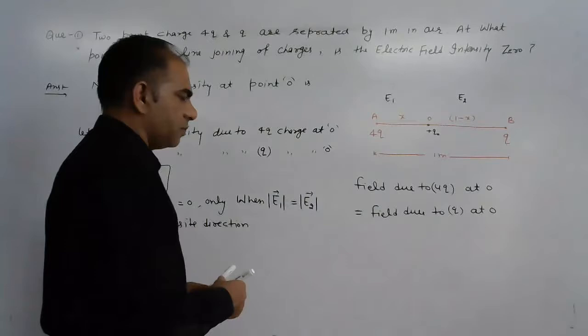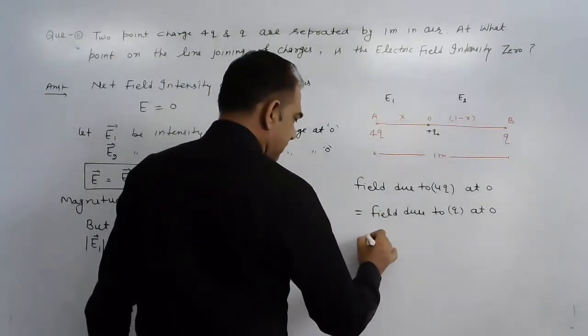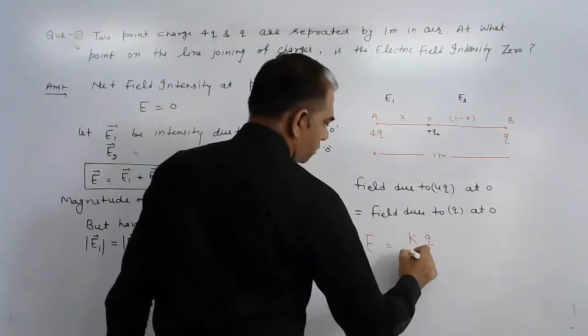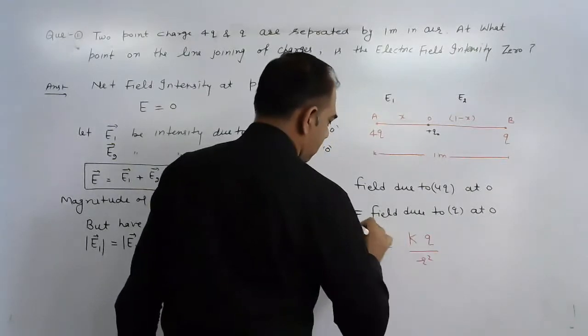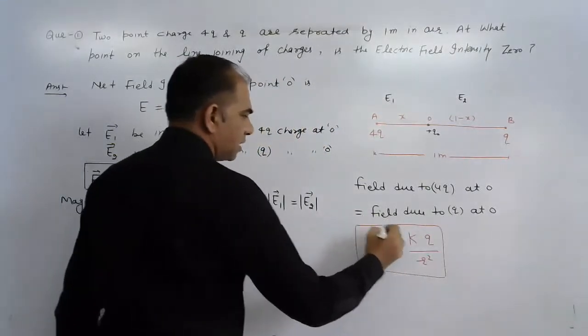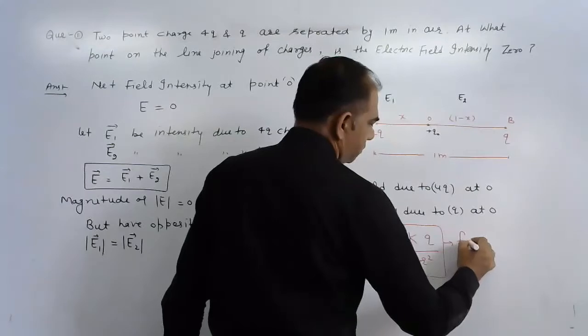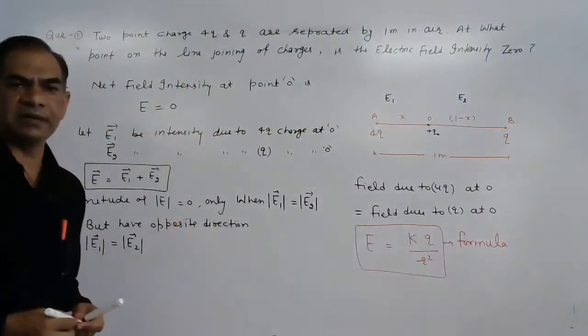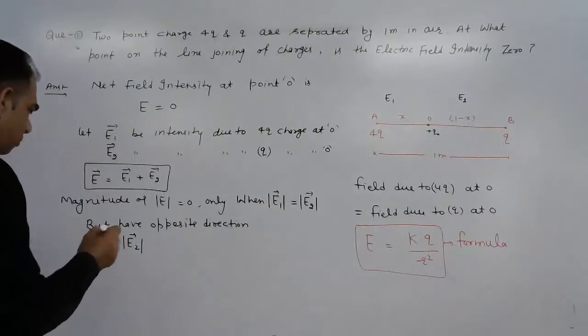We know very well the basic formula of electric field intensity is E equal to kQ upon r squared. This is the general formula of electric field intensity at any point.